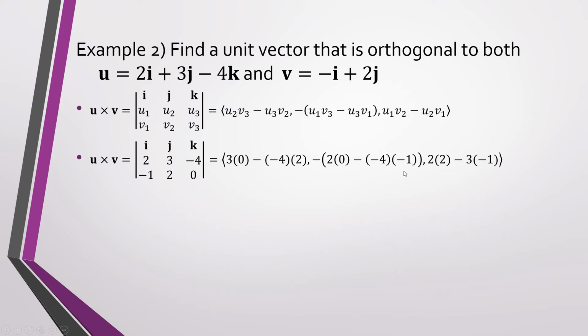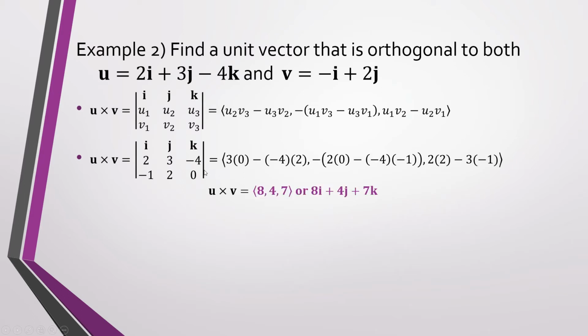Find our y component. We're going to ignore the second column, the y column. Product of the first diagonal, 2 times 0, minus second diagonal, negative 4 times negative 1. To get our z component, we're going to ignore the z column. Find the determinant. So first diagonal, 2 times 2, minus second diagonal, 3 times negative 1.